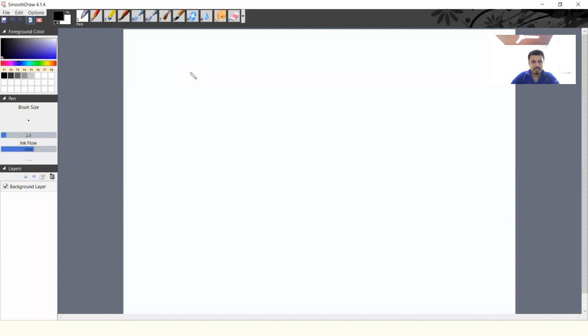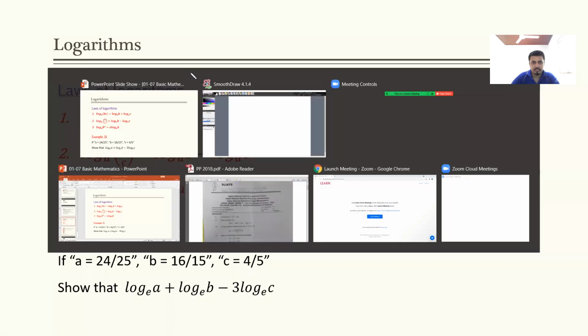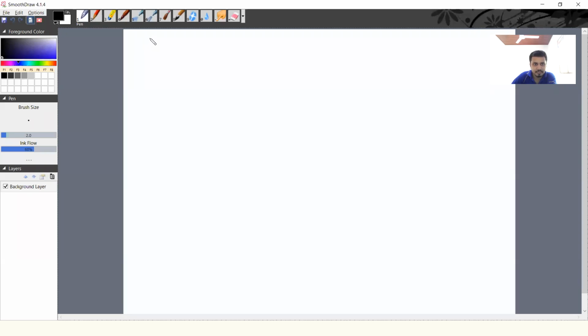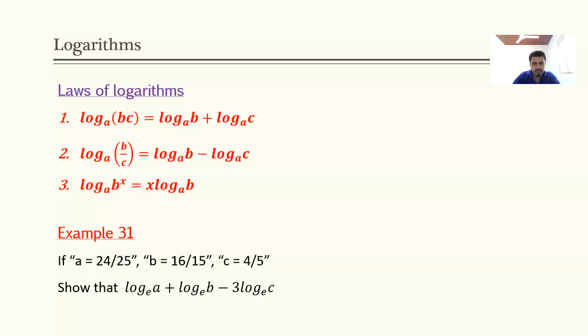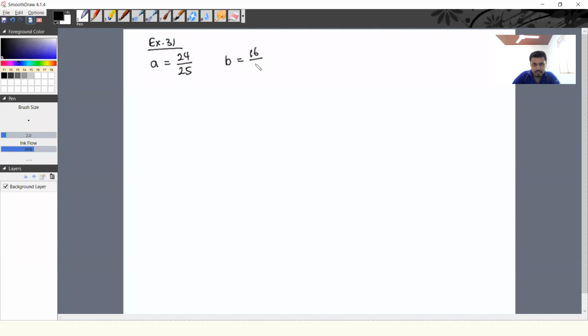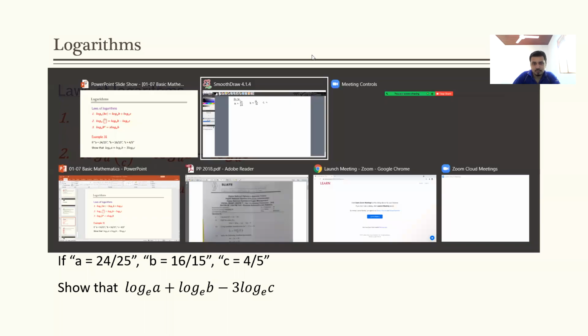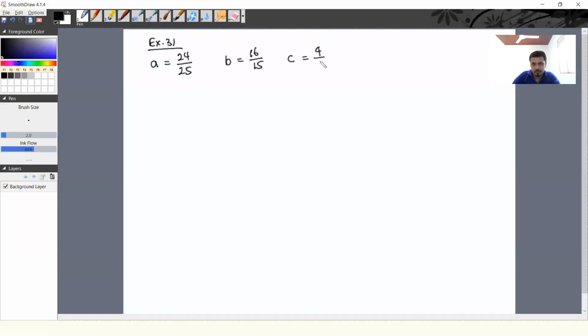The value of a equals 24 over 25, the value of b equals 16 over 50, and the value of c equals 4 over 5.